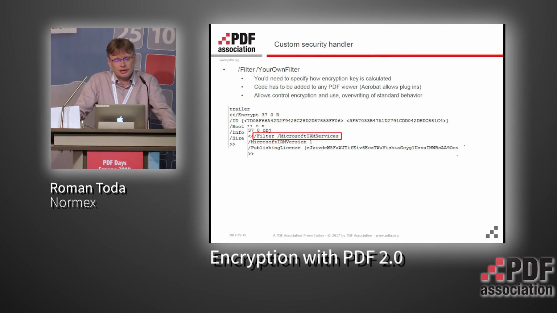For example, I did a couple of screenshots. This one is a filter called Microsoft IRM services. It's the so-called RMS, something Microsoft introduced a while ago. They have their own entries in the encryption dictionary, and they have to provide the code for how to actually calculate the file encryption key for decryption and encryption.